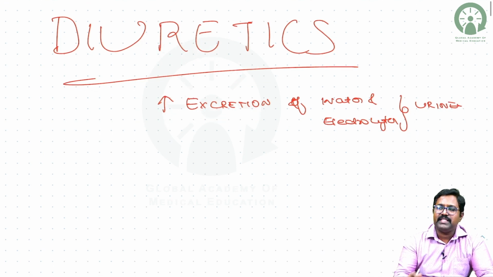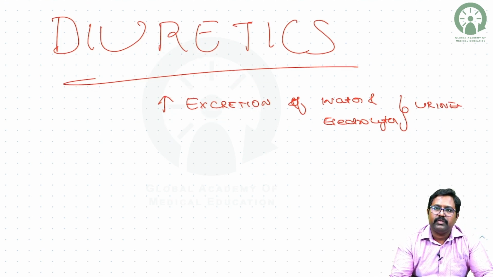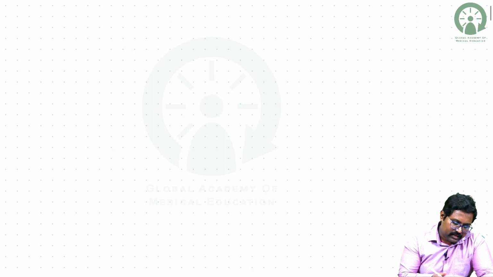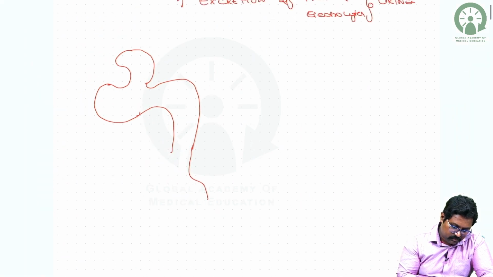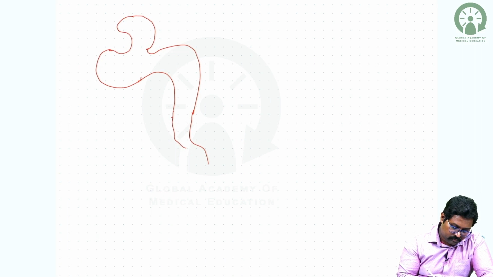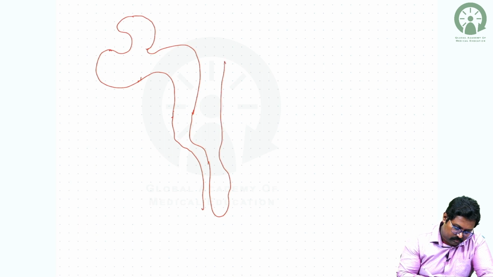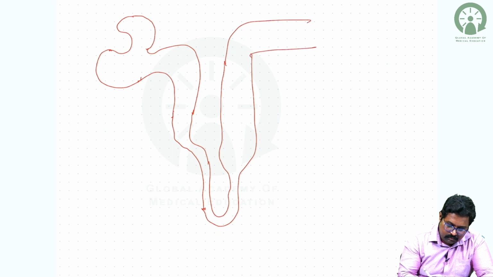So how can this be done? There are some target sites. So let us draw a nephron. Okay, this is the nephron.